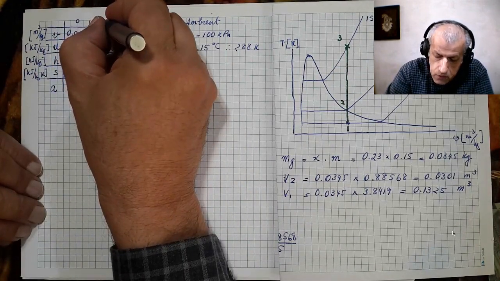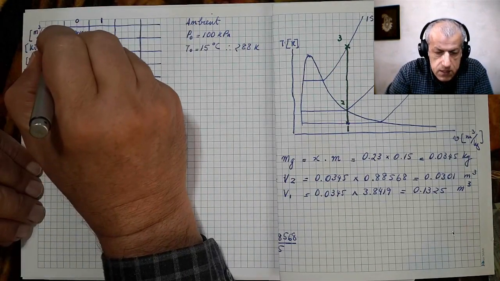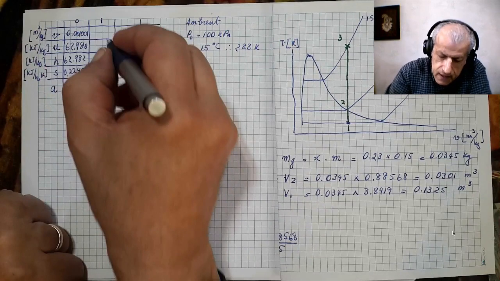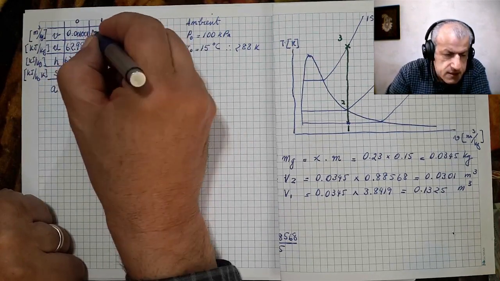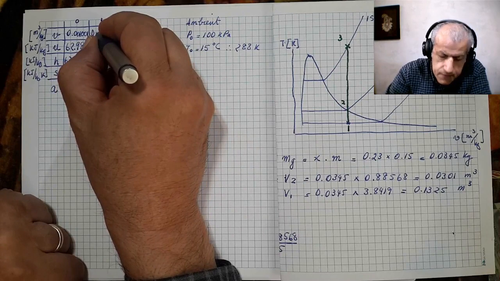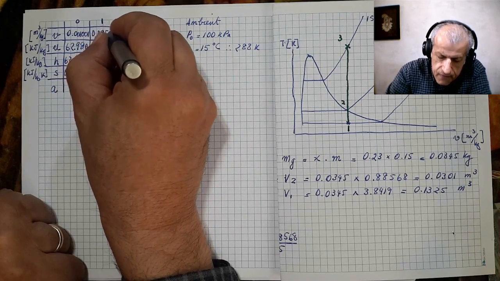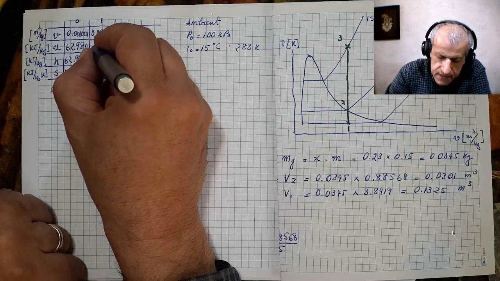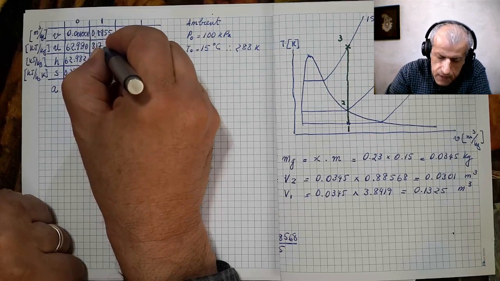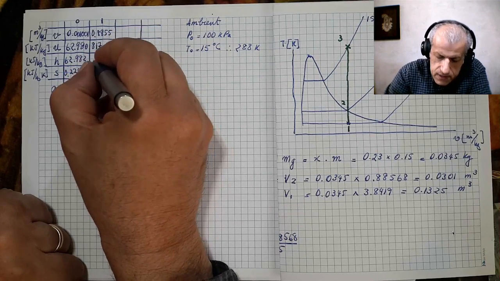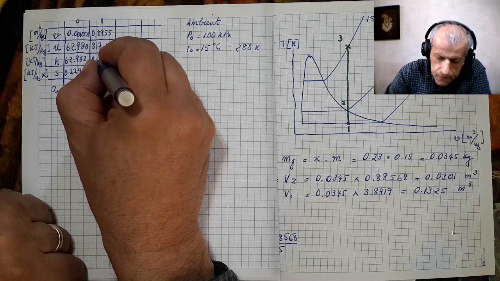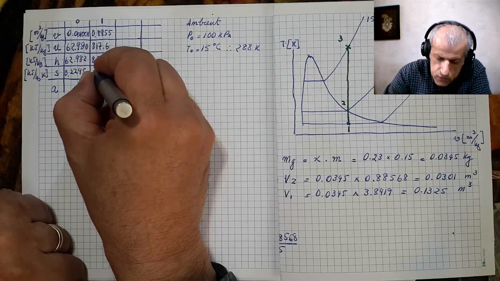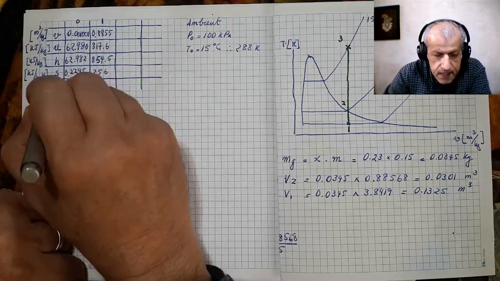At point 1, which was our initial condition, we calculated the properties and we learned that V equals 0.8855, U equals 817.6, H equals 854.5, and S is 2.56.